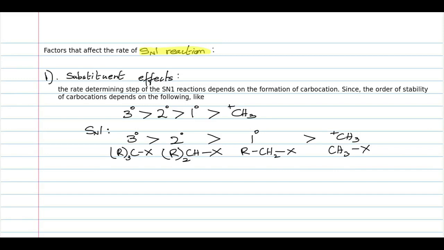Now, the reason why tertiary carbocations are very stable is due to two effects. Tertiary carbocations are stable because of two reasons.